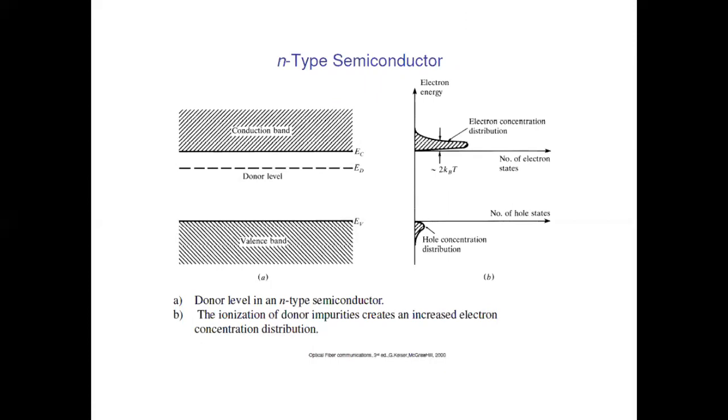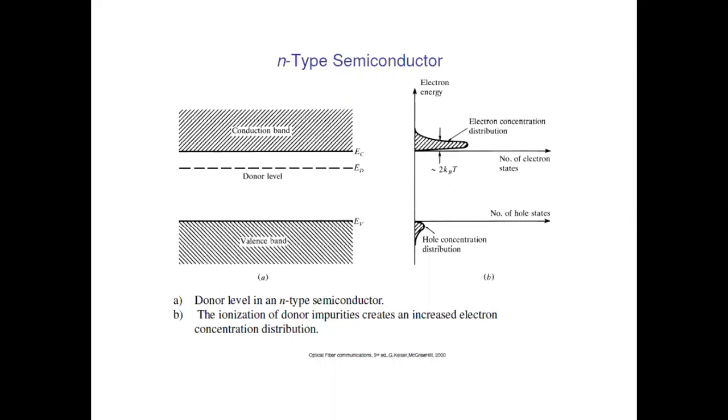An easier way to understand this, like the N-type semiconductor, is that the donor level is closer to the conduction band, so an electron doesn't need too much energy to jump to the conduction band.